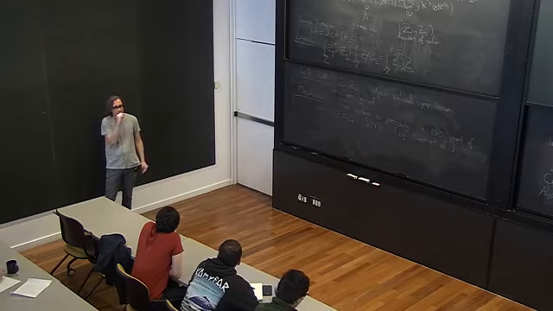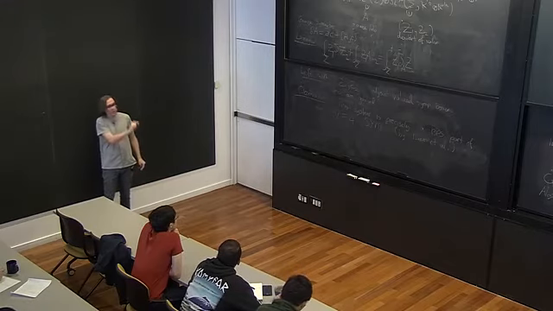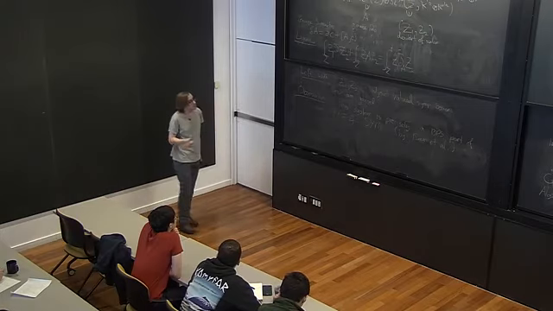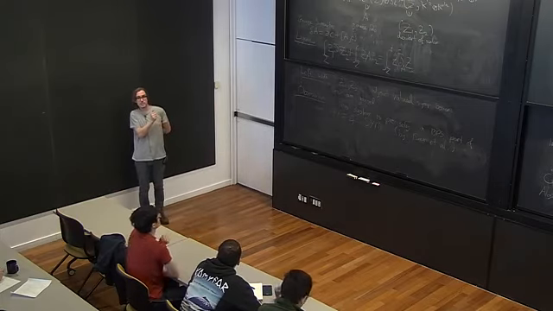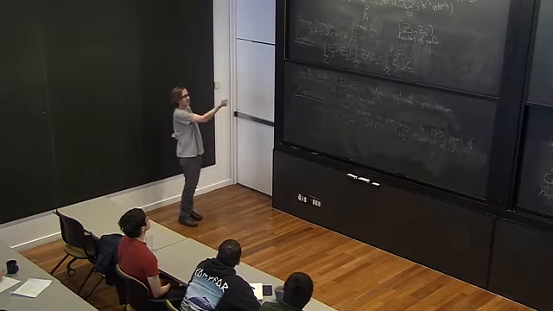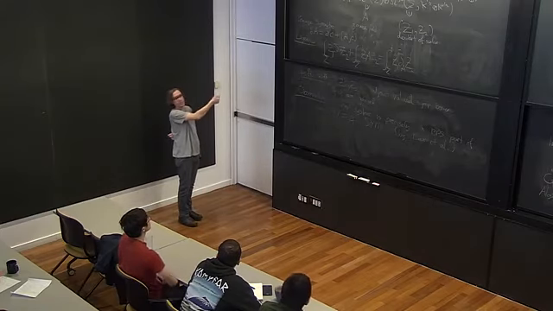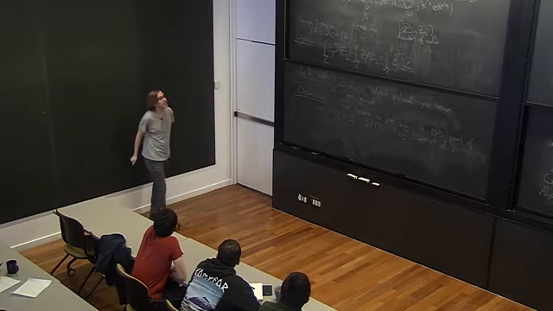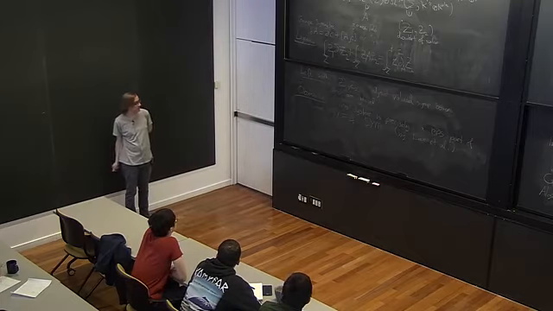Okay, so we have a couple of things we need to discuss before we get to something interesting. We need to, can we explicitly describe the algebra of operators of this theory? So the way to do that is to do BRST reduction.